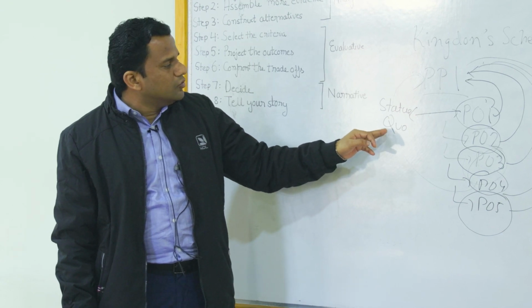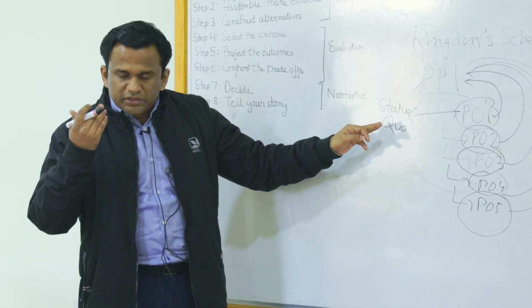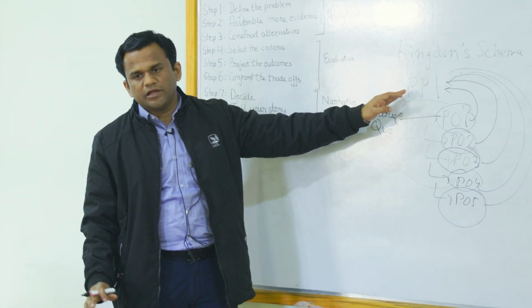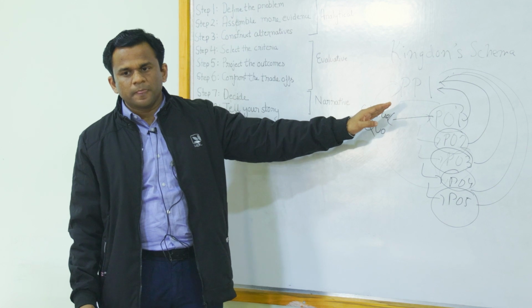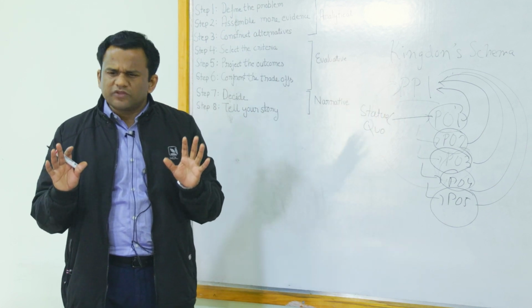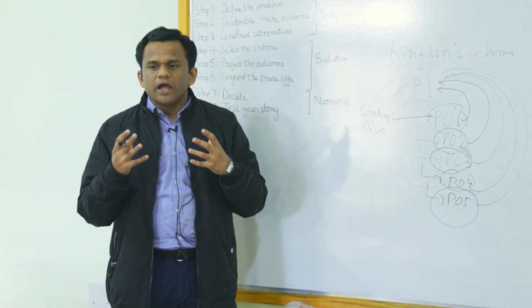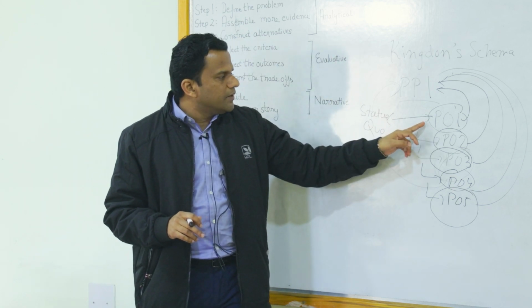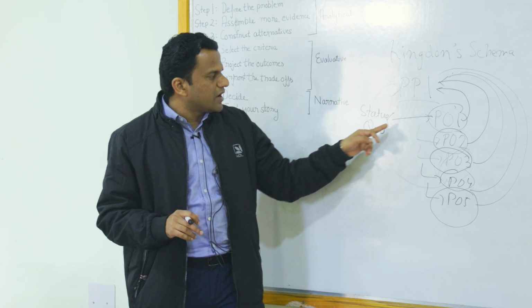That either you go in the same trajectory as it is, business as usual, and maybe sometime in future it will solve the problem, which you realize is not going to happen, right? You need to have some sort of a radical solution. Why do we always keep policy option number 1 as status quo?